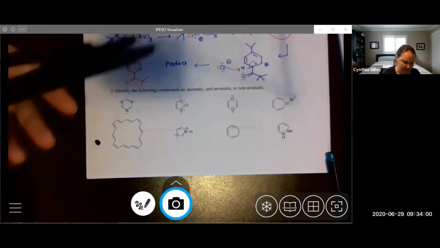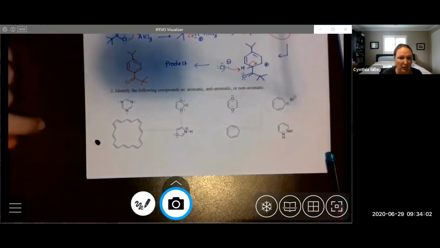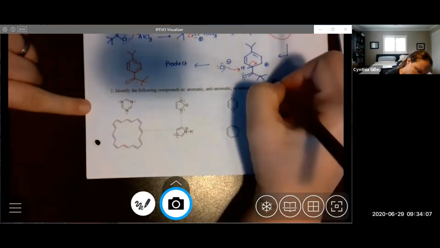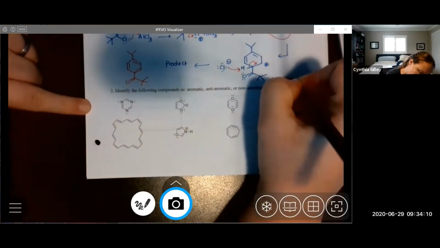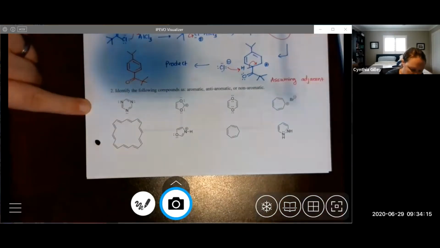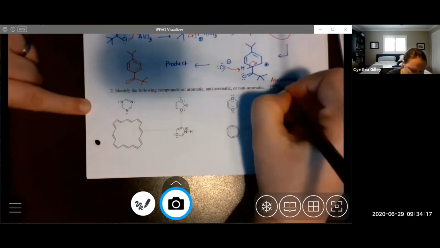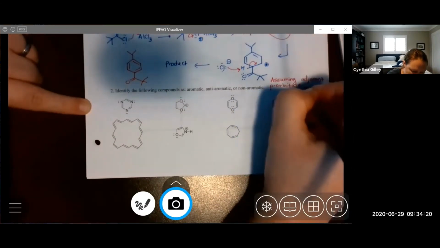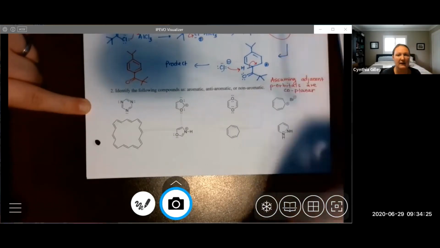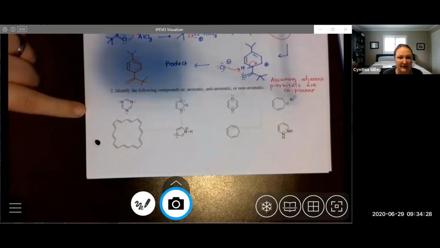Remember, with me as instructor, you're typically going to get some wording such as assuming adjacent p orbitals are coplanar. That's an assumption you need to make because otherwise you could have a p orbital all the way around the ring, but the ring could deviate from planarity through bending.